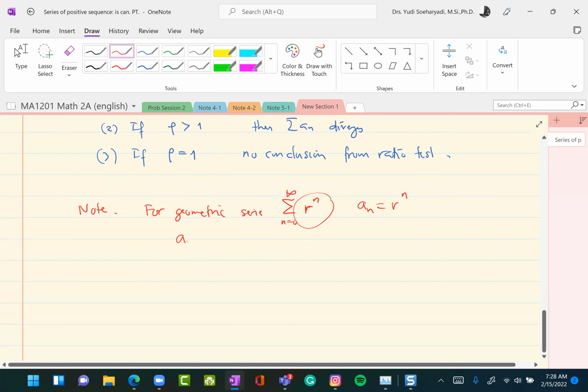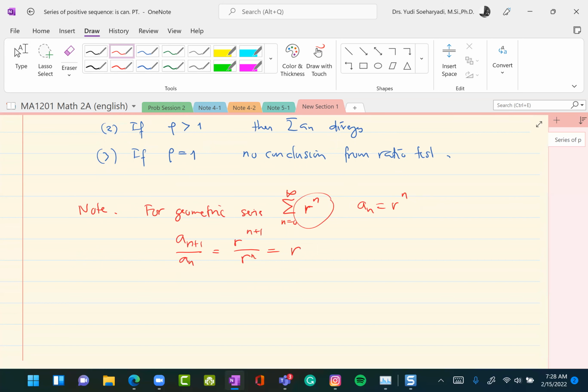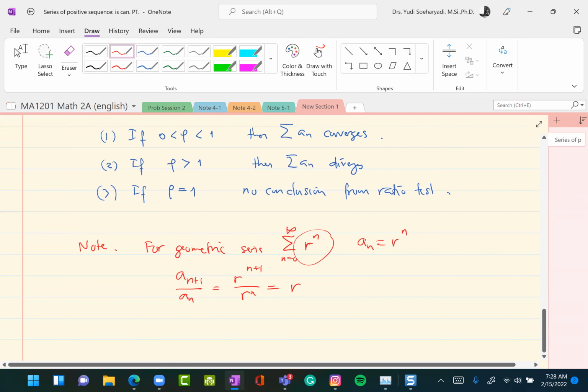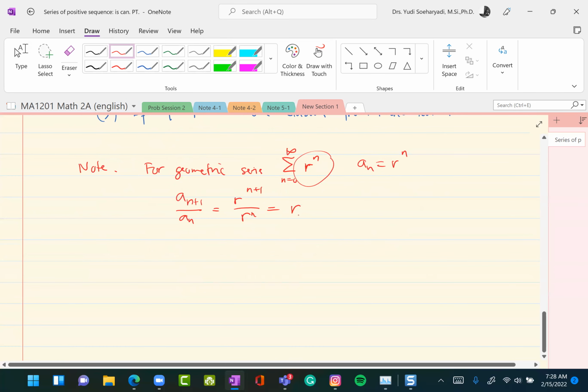If you compute the ratio of two consecutive terms, you always get this one. In this case, rho is similar to this one. This is rho in Greek, and this is R. Both are ratios.